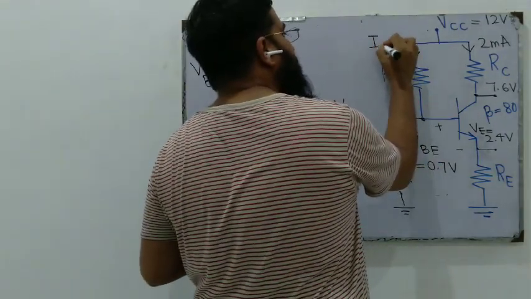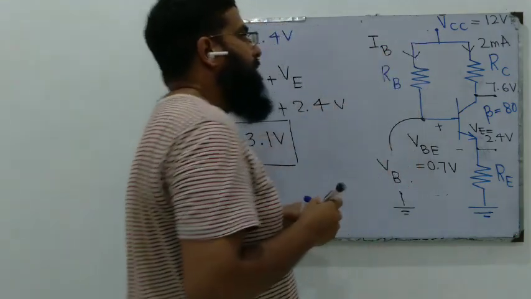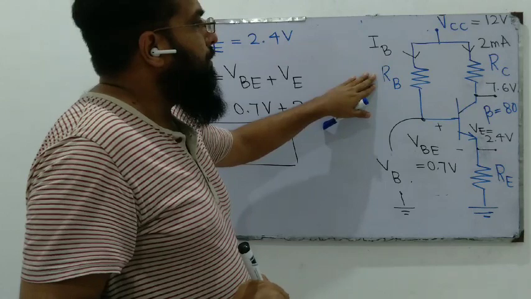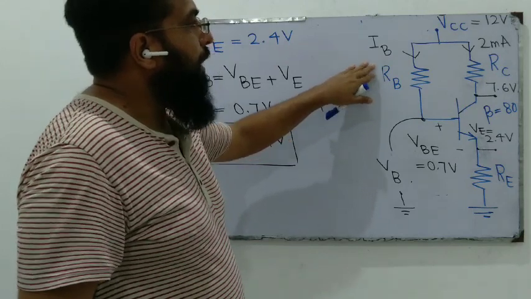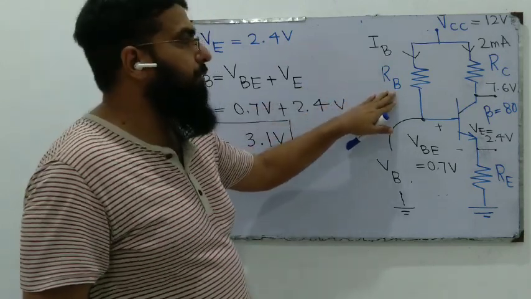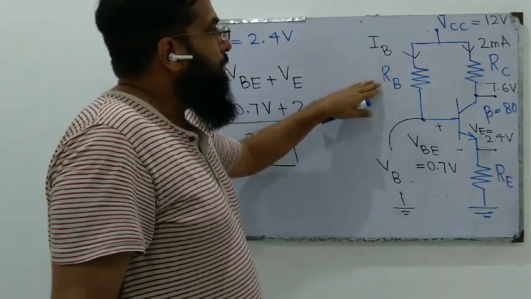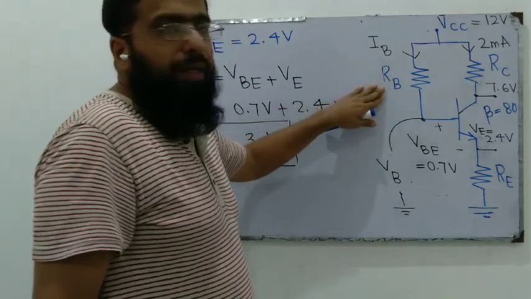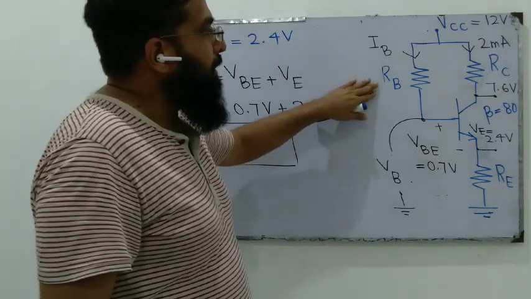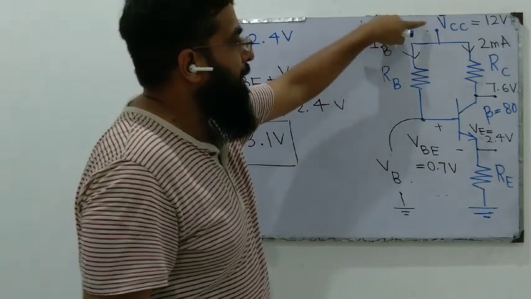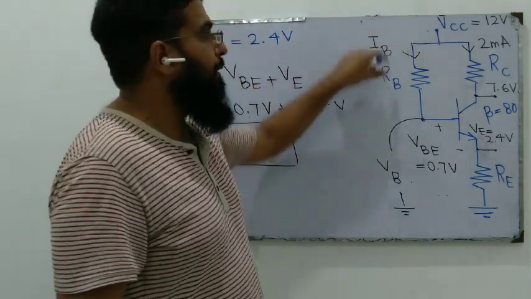IB is the current flowing through this resistor RB. To find out the value of RB, we must understand that according to Ohm's law, the voltage drop across RB is VCC minus VB.